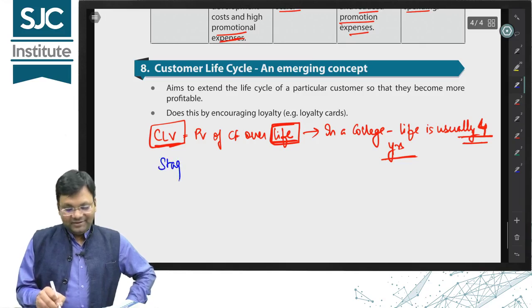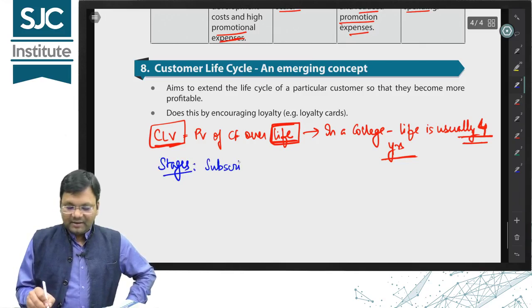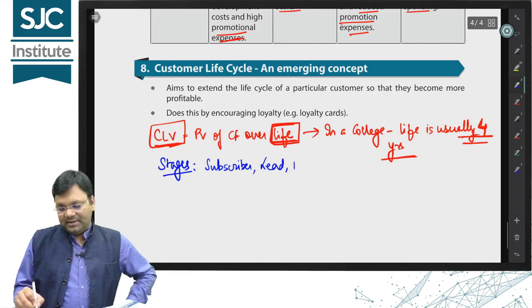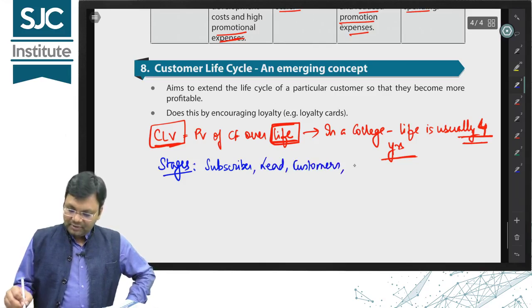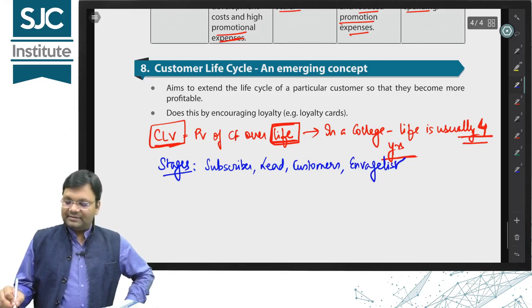This is not there in your syllabus, but still there are stages like the customer becomes a subscriber, they become a lead, they become converted as your customers, then they become your evangelist. Evangelist means advocates.